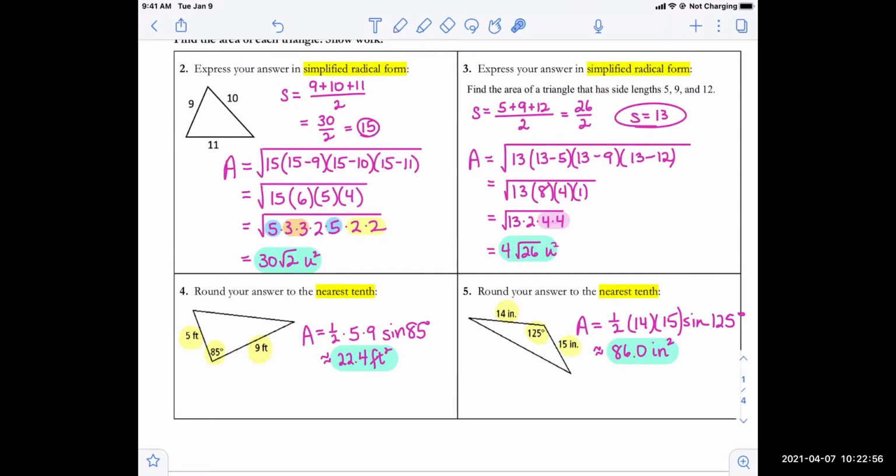Any other questions on the first page? Jeff? Law of cosines will find the side length, but we're looking for the area. So if you did law of cosines, you would then have to do area another way, like for example, Heron's or something, right? You didn't get 22.4, right?